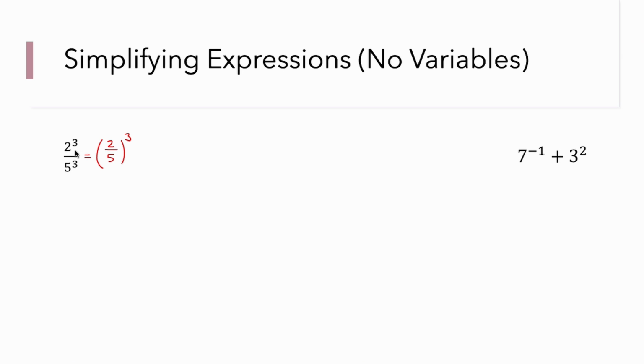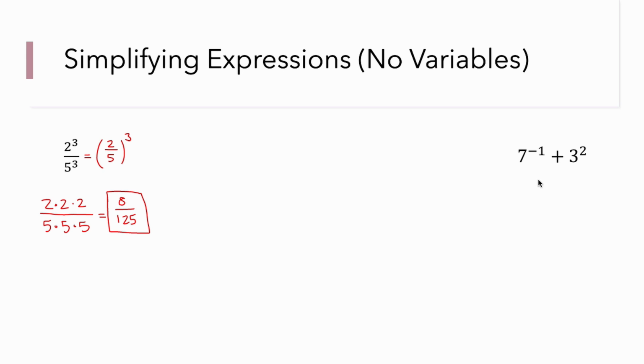So 2 cubed is equal to 2 times 2 times 2, and 5 cubed is equal to 5 times 5 times 5. So we can evaluate those, and we get 2 times 2 times 2, which is equal to 8, over 5 times 5 times 5, which is equal to 125. And this can't be simplified, so we have 8 over 125 as our answer.